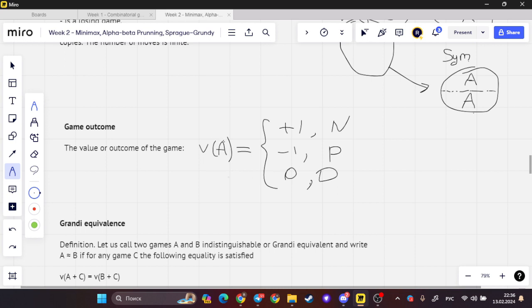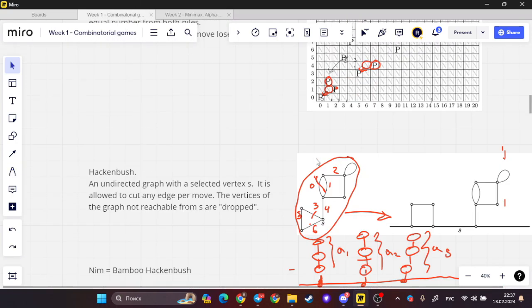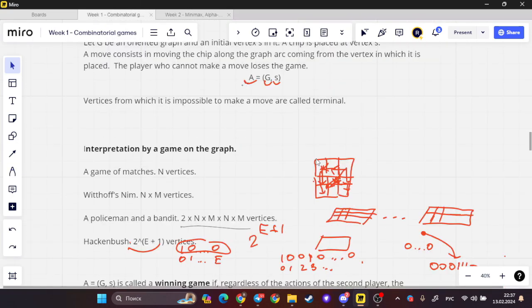Notice that, remember that a game is a graph and a state. And the state can be N or P or D, and that's it. By the way, we defined the D state differently in the previous lecture.